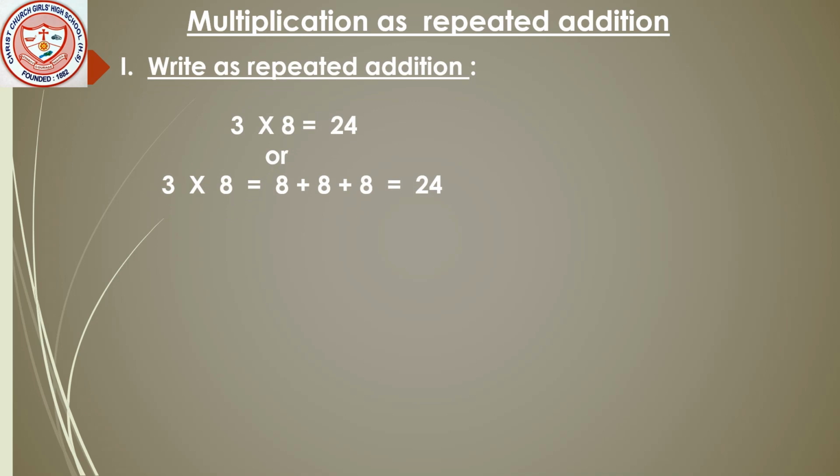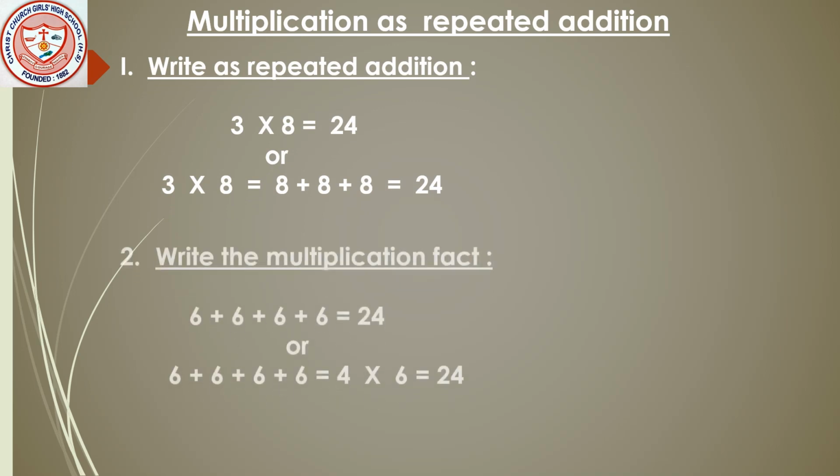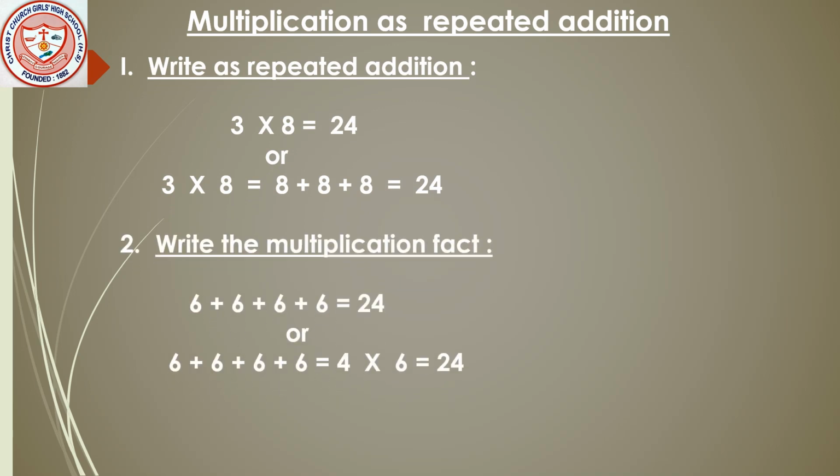Okay. Now see one more example. Look at this. 6 plus 6 plus 6 plus 6 is equal to 24. We can also say it like this: 6 plus 6 plus 6 plus 6 is equal to 4 times 6 or 4 sixes.